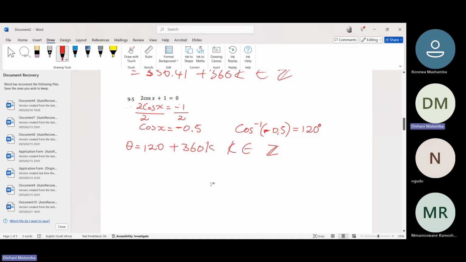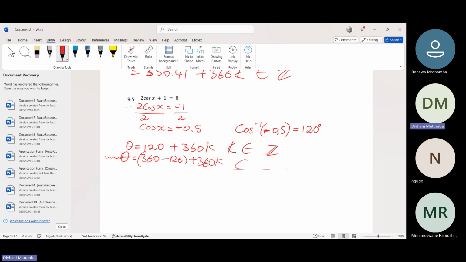The minus of the angle, 360 minus 120. Okay, that's perfect. So plus 360 k.